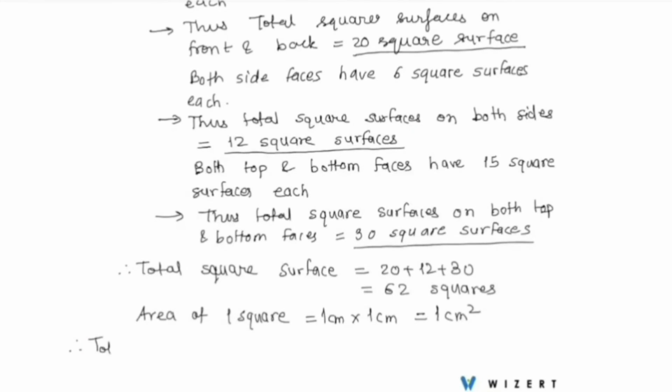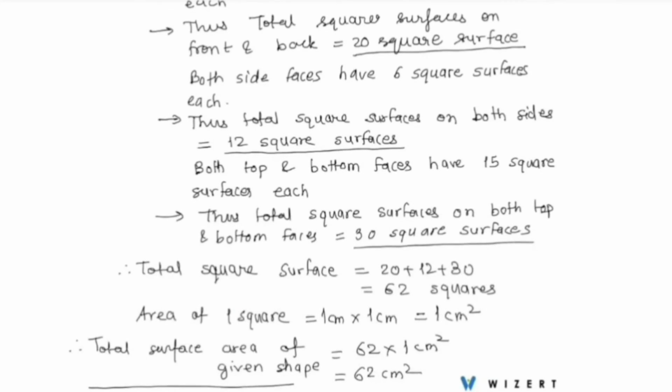Therefore, total surface area of given shape will be equal to 62 multiplied by 1 centimeter square, because there are 62 squares, which is equal to 62 centimeters square. So this is the answer.